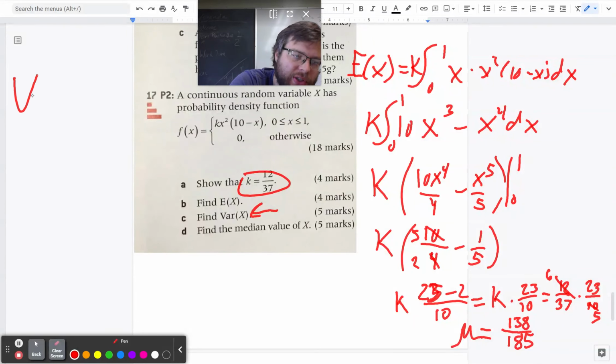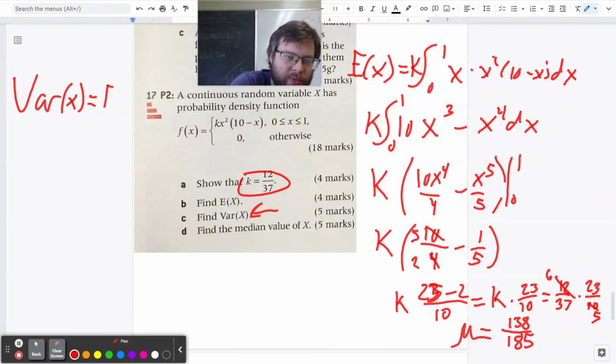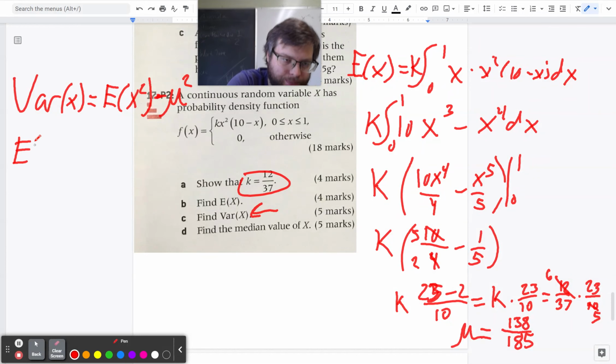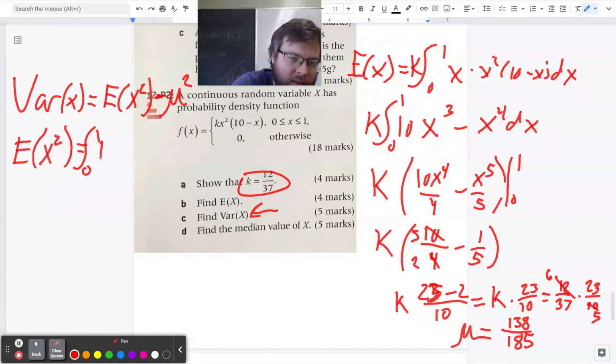Variance of x is usually easier, I have found, to do with this formula, the expectation of x squared minus mu squared. And so let's calculate the expectation of x squared. So that's going to be the integral from 0 to 1 of x squared times f of x dx.